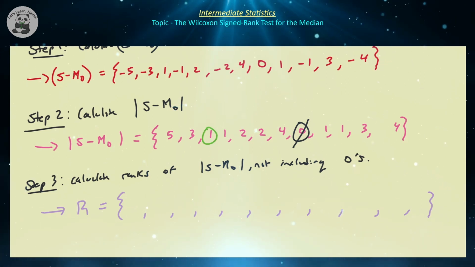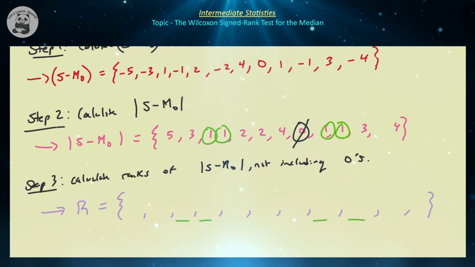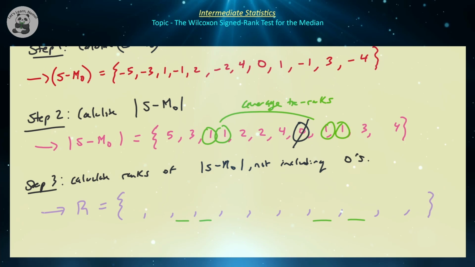So notice that we have 1, 1, 1, 1 there. They all tie for ranks in positions 1, 2, 3, and 4. So what we're going to do is average the tied ranks for these.